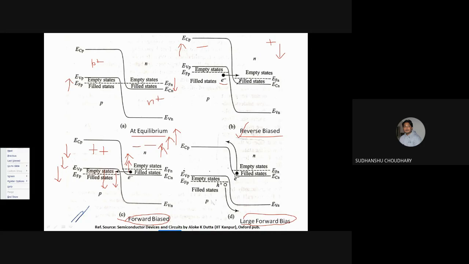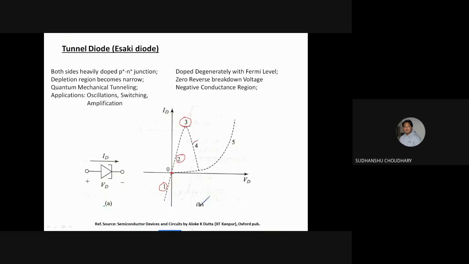So no tunneling current, and the current should go down. This is represented by portion number 4 of the IV characteristic. That is, there are no filled states in front of the empty states, so that is why the current is going down. Tunneling current goes down. No tunneling current now.